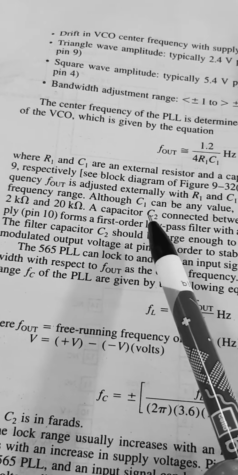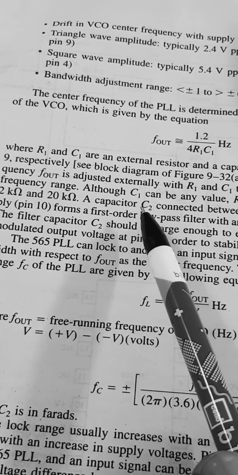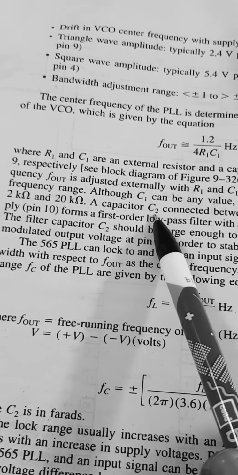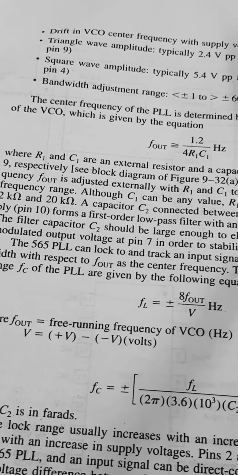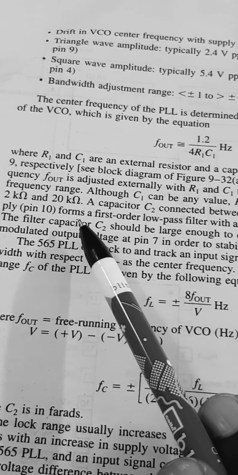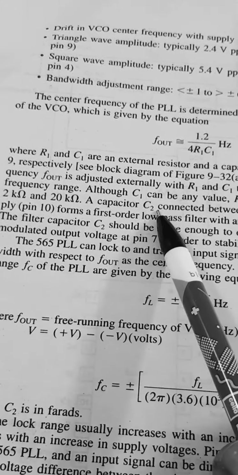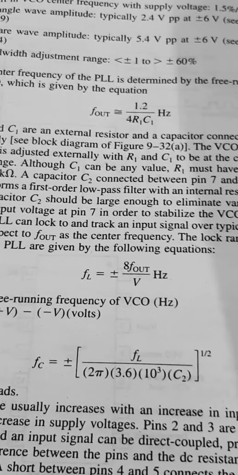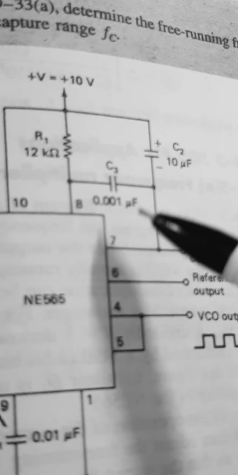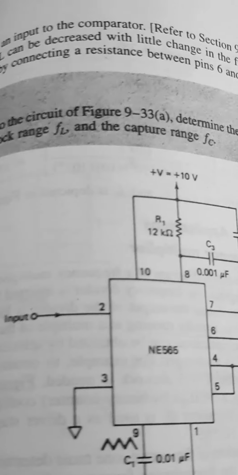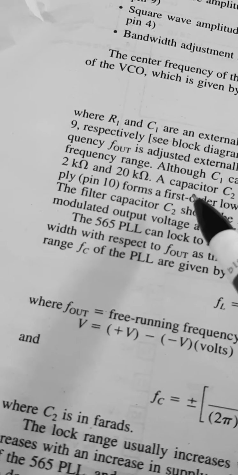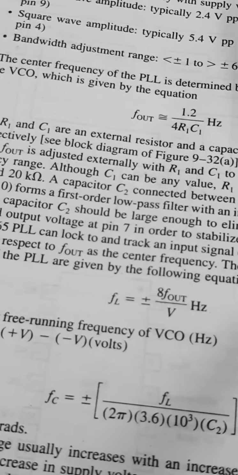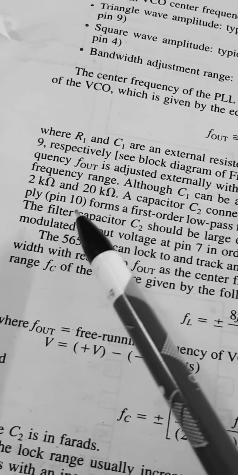A capacitor C2 is connected between pin number 7 and the positive supply, pin number 10.